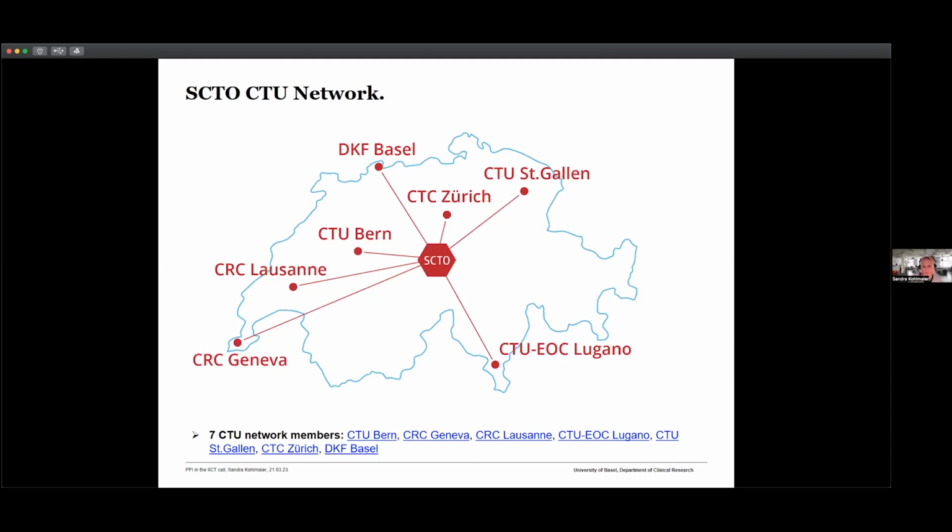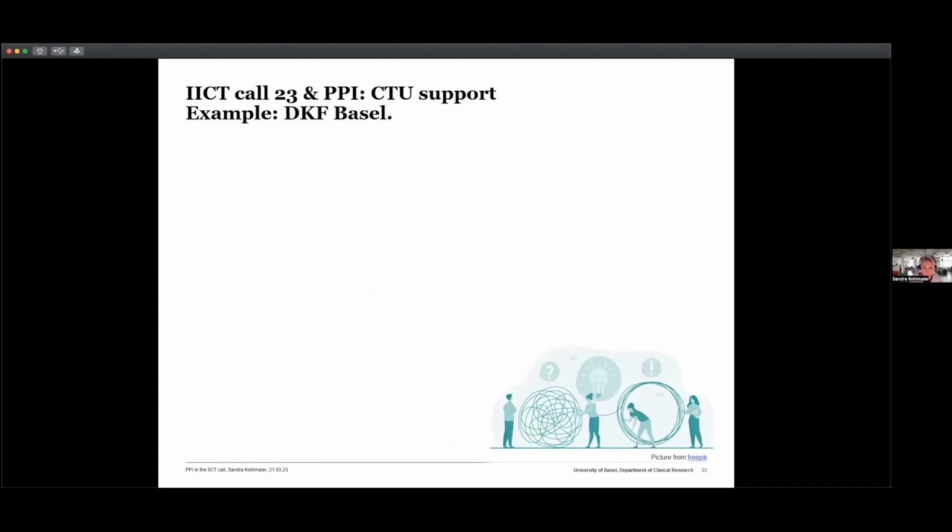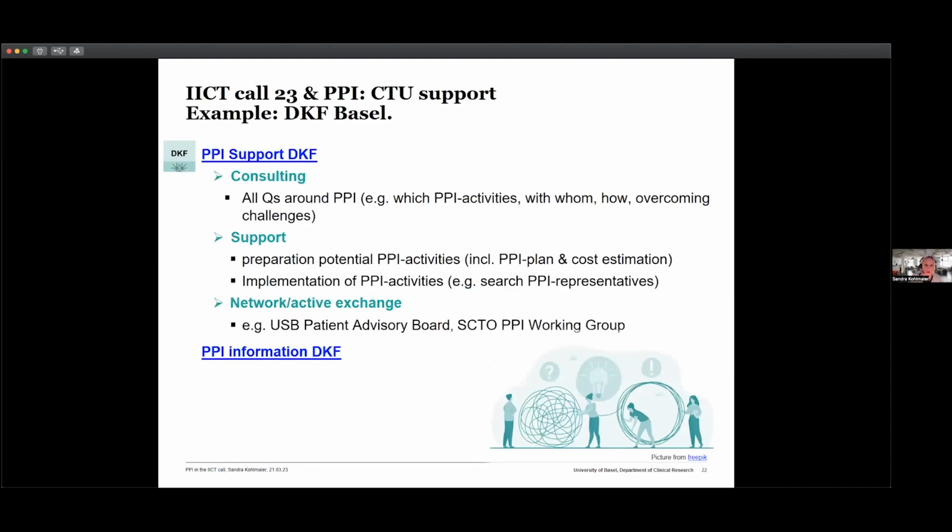And I can just give you an example from the DKF in Basel. Here we offer free of charge support regarding consulting.